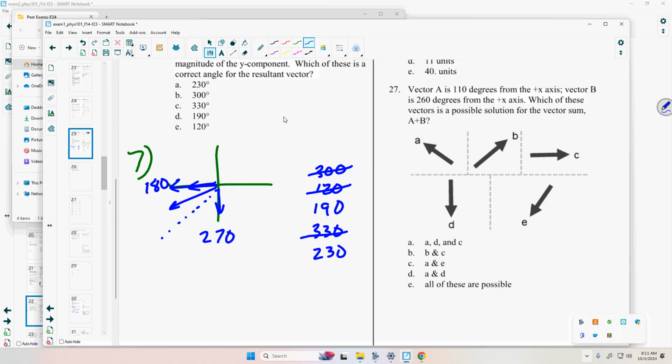Because the x component is bigger, it's going to be closer to the x-axis, which means that the angle has to lie somewhere between 180 and 225. That's just 180 plus 45. So that gives me the answer then as 190. It can't be 230.